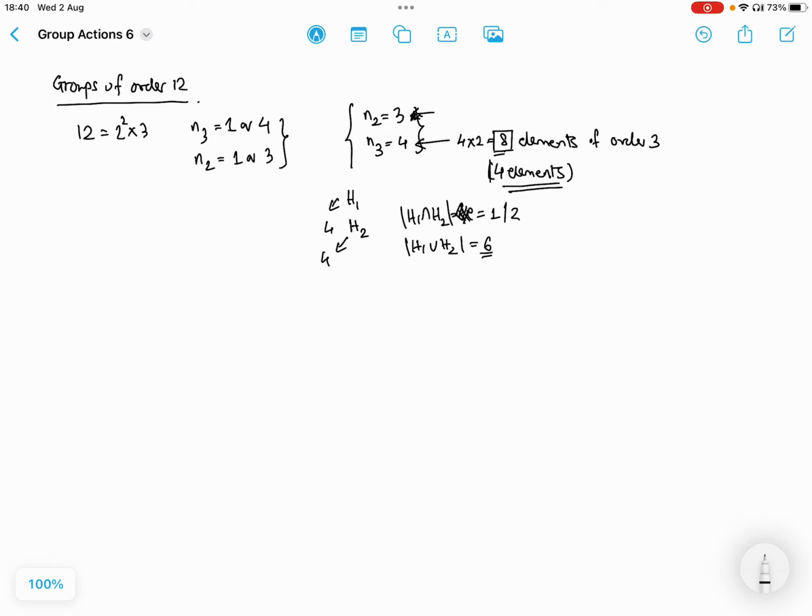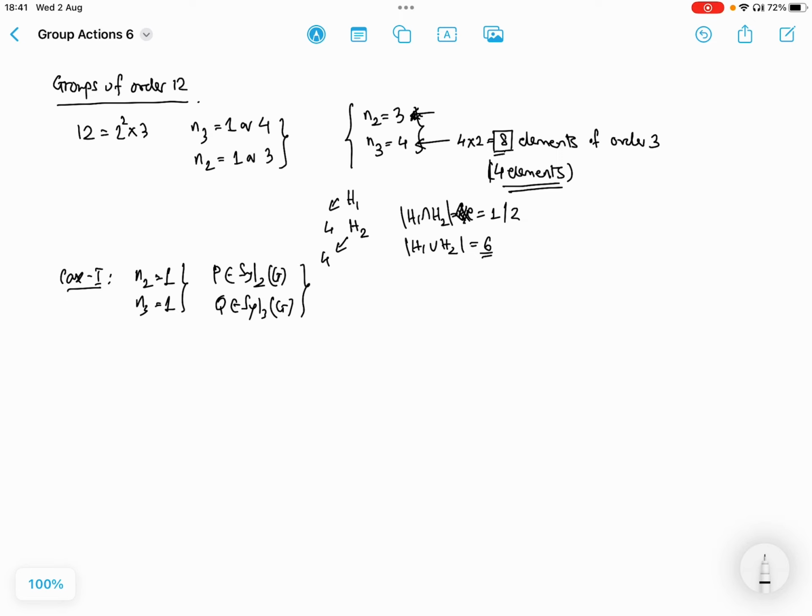Okay, so now let's look at cases one by one. So firstly, case 1. Here N2 is 1 as well as N3 is 1. So let's call P the unique Sylow 2 subgroup and Q the unique Sylow 3 subgroup.